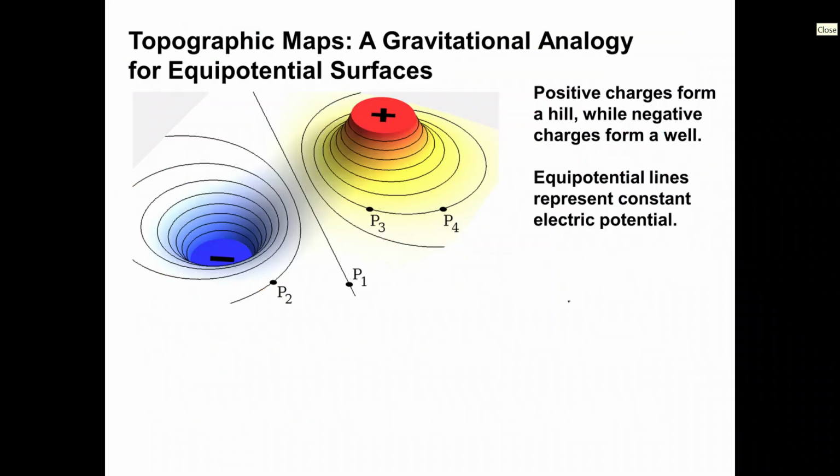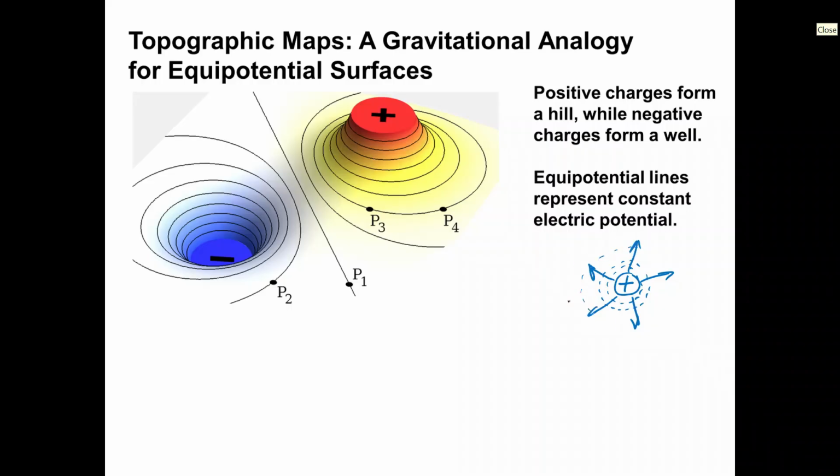So here's a cool little analogy. If you think of what's going on with potential, this brings up the idea of equipotential surfaces. So we saw those before. When you had a positive charge, we had our electric field going away. And I showed you the equipotential lines.